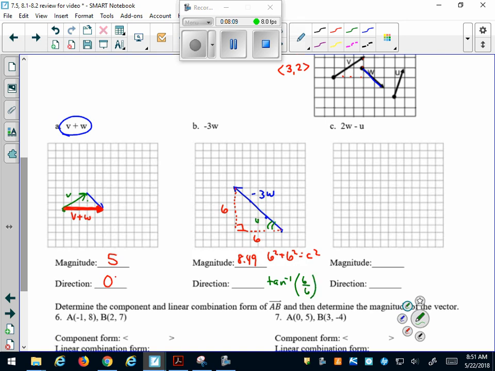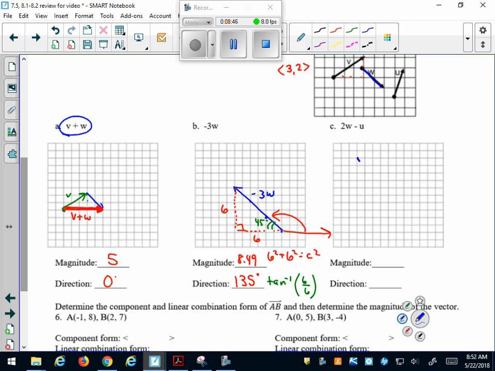And it turns out that this is 45 degrees. Now, for this one, though, we have to remember that it's always from the horizontal. So this one is actually not 45 degrees. It's 180 minus 45 degrees, which gives you 135 degrees, because you always want the direction from the horizontal.